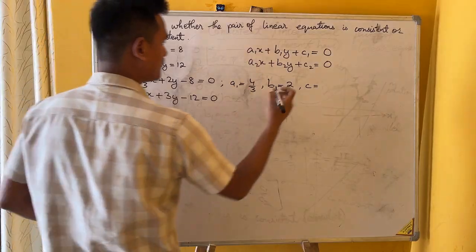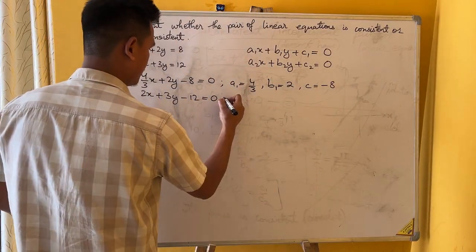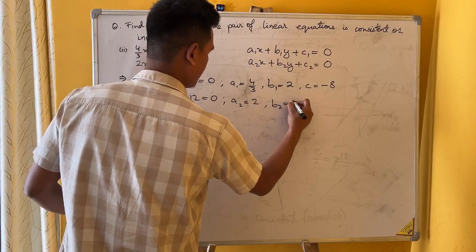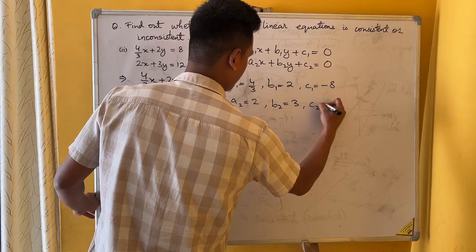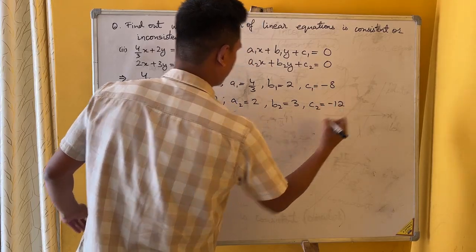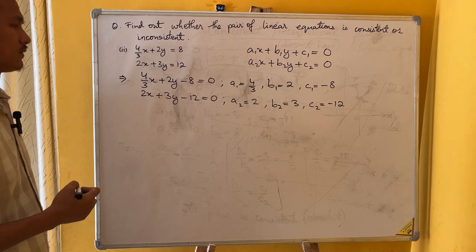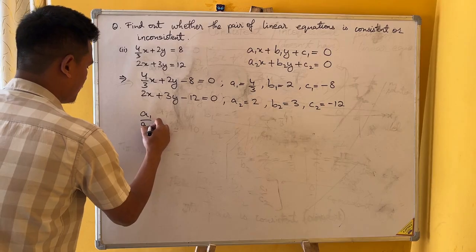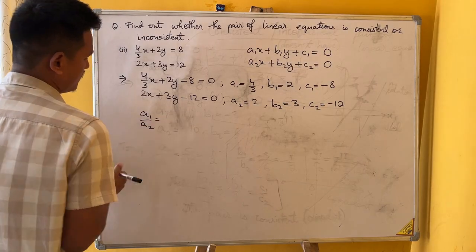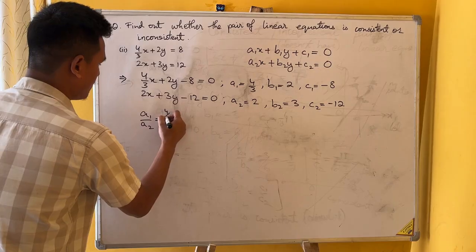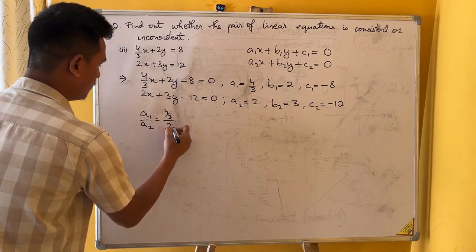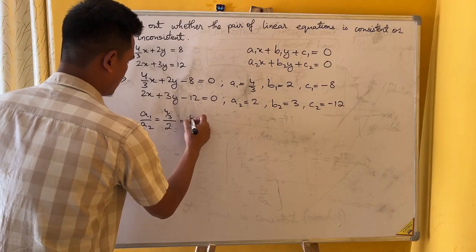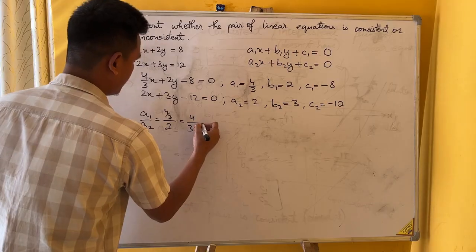Comparing this with this, it is minus 8. So now again we will calculate the ratio. Now A1 is 4 by 3 upon 2, which is 3 into 2.